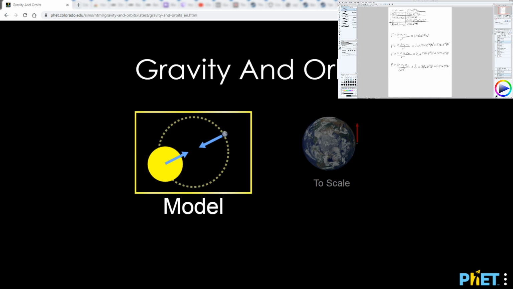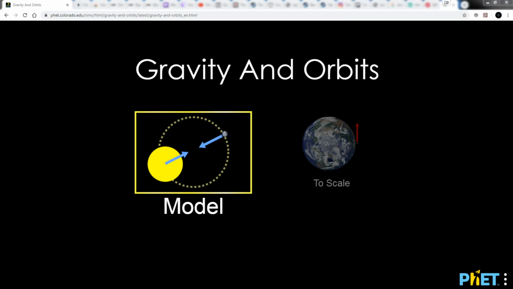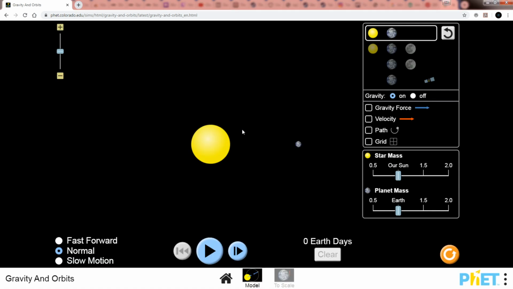So this is a PhET simulator, and it'll allow you to basically do what I was doing in Universe Sandbox. Here we go. So you can just use a model, and if you use the model, you end up getting something that looks like this. You can get it to show the gravity force, and you can get it to show the velocity.